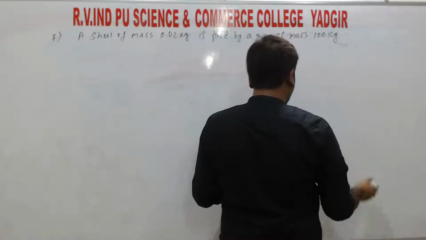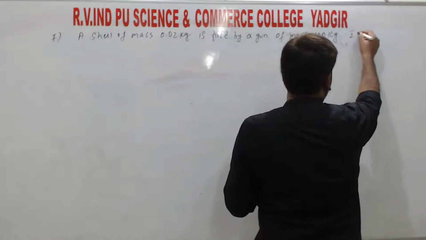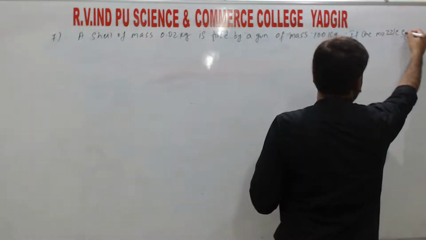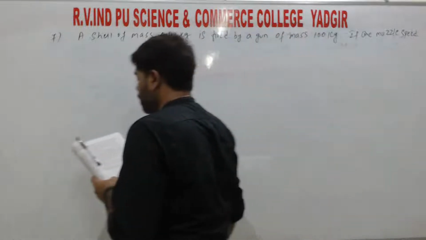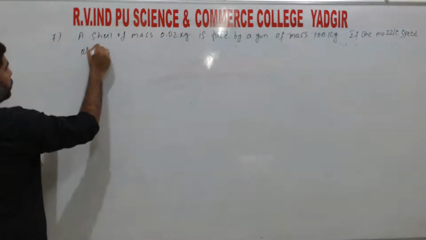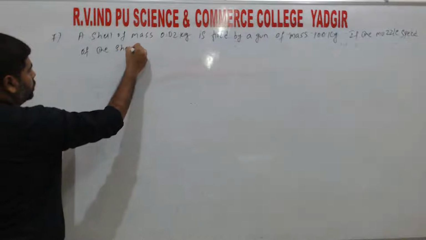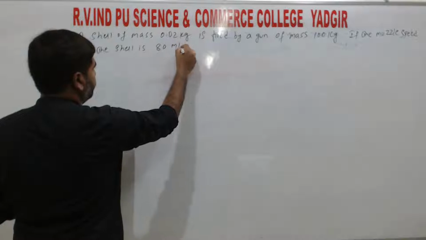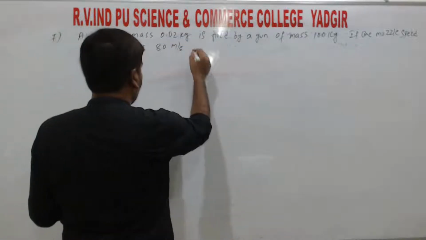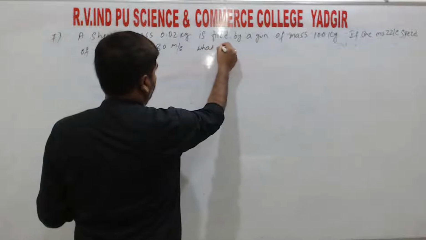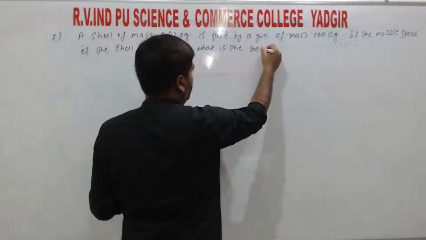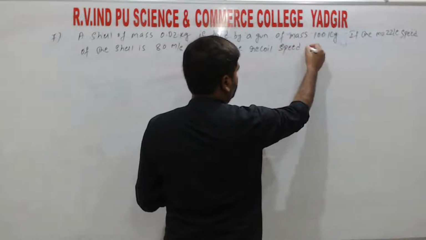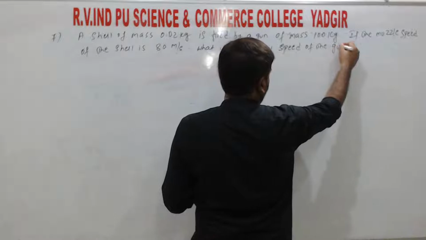If the muzzle speed of the shell is 80 meter per second, what is the recoil speed of the gun?